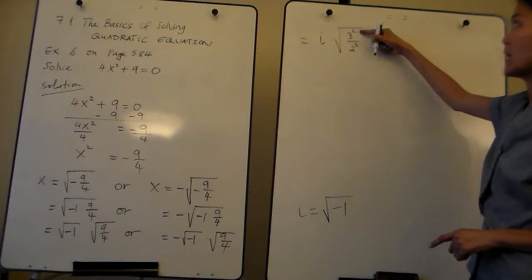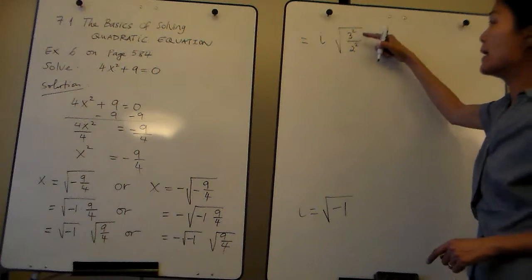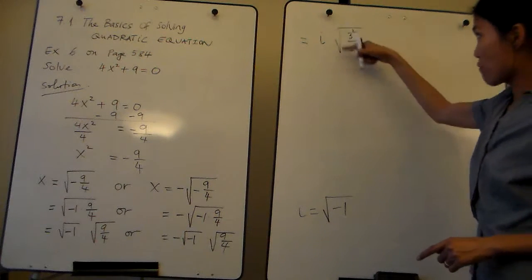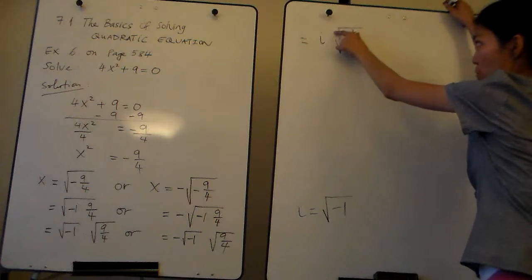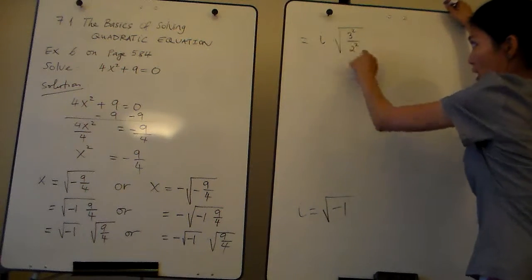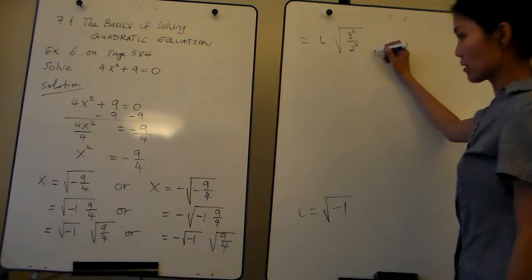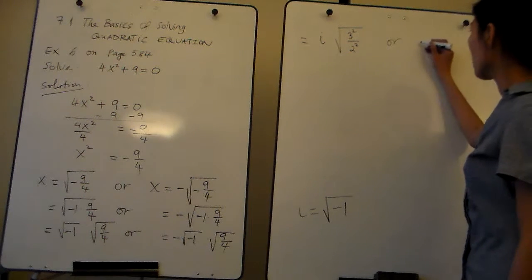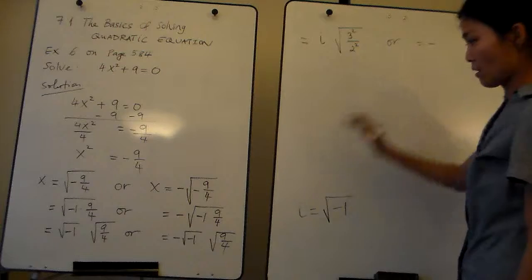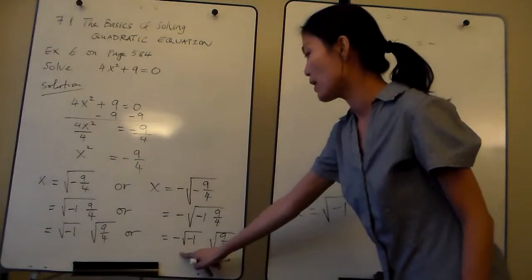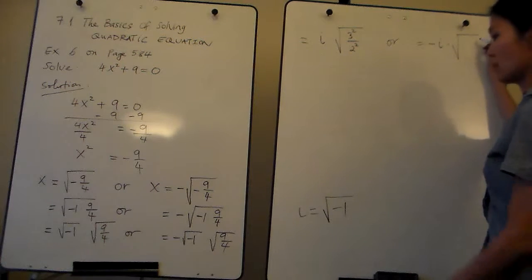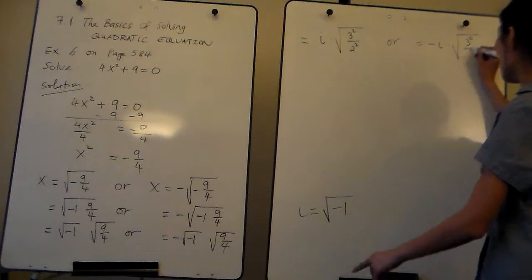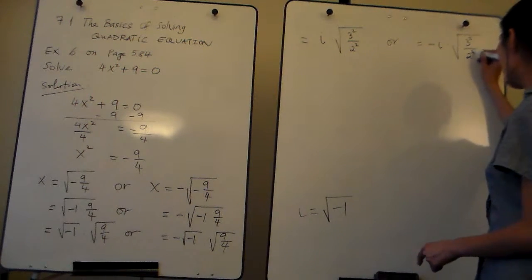You want to obtain the second exponent so that you can simplify this square root, because the index k is equal to 2. You want the exponent to match. So then we have i times the square root of 3 squared for 9 and 2 squared for 4.